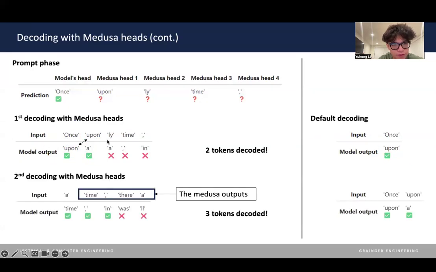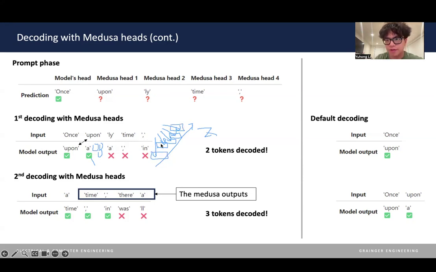What about the next one? Next, we also have the Medusa head tokens here, predicting tokens here. Like the model right now, you can see from a second dimension. This is the model's output, but you can see from a second dimension, let's say this is the Z dimension, you also have the four Medusa head outputs here, right?